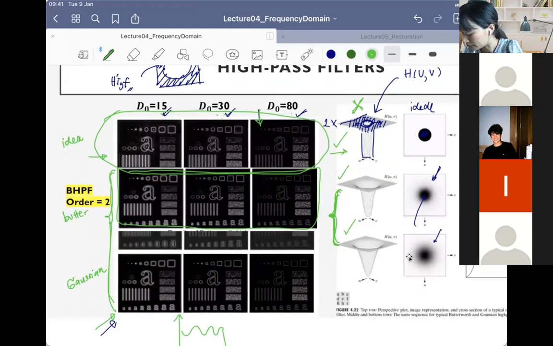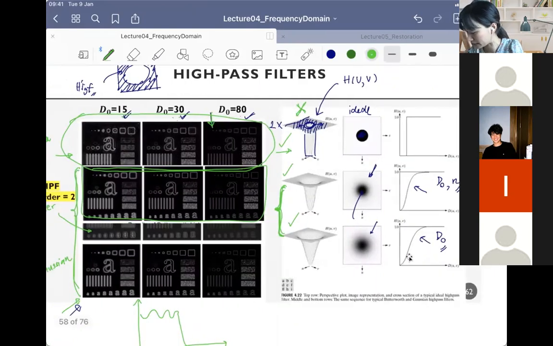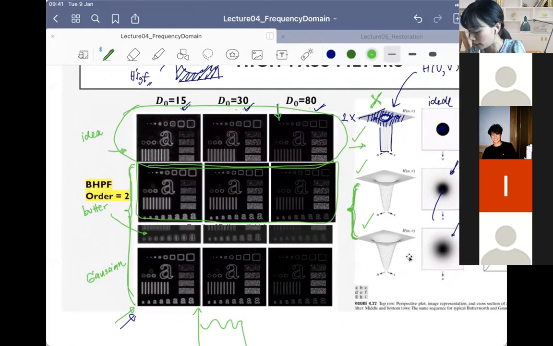So the result is quite similar, right? But the Butterworth has been hidden here, so you will not be able to compare them so much. So there's no other image anymore.